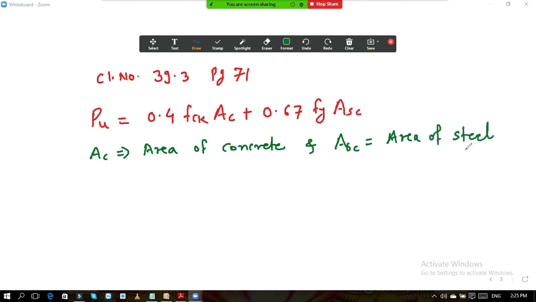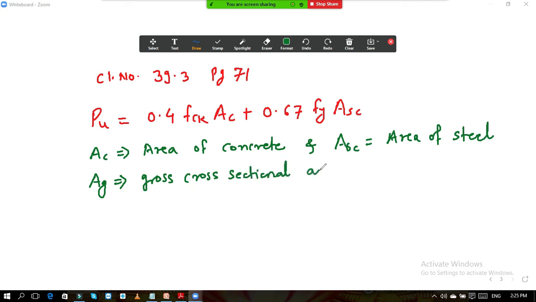A column always carries compressive load, so ASC is the area of steel in compression, and AG is the total gross cross sectional area of column.